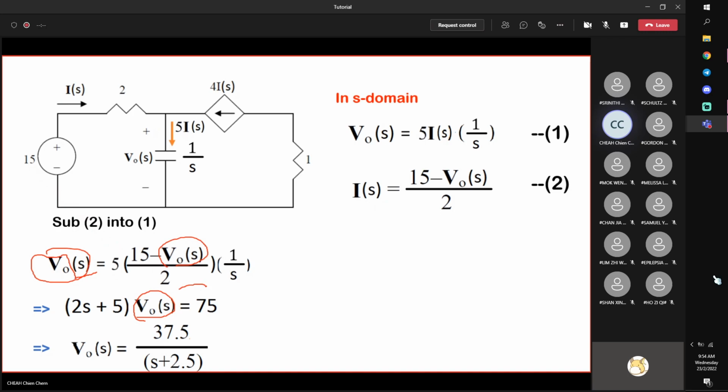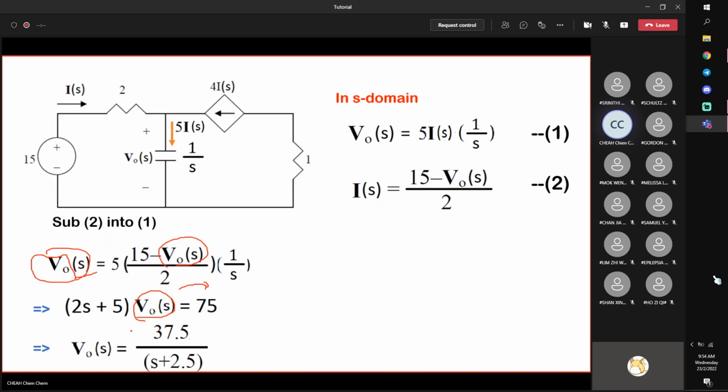Then those not related to V0, put on the other side. There's only one term, 5 times 15 divided by 2. The 2 is brought to the other side of the equation, then you get 75.